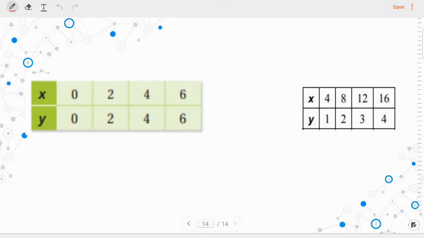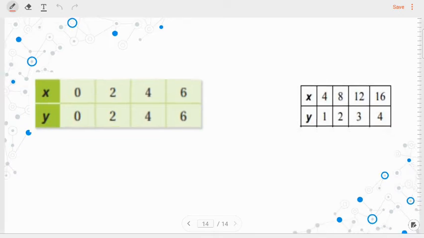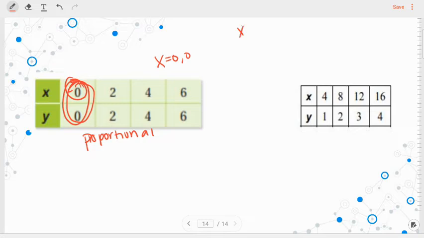On this example right here, I can see that my y-intercept is going to be where the x value is 0. So right here's my (0, 0). Now, what does this mean? Remember, if a graph goes through (0, 0), that means that it is proportional. Let me write a quick summary, and this is a note that I would make to myself.